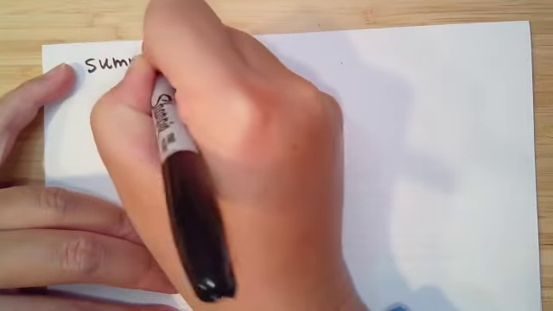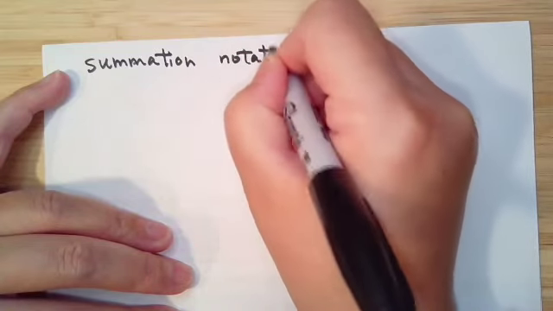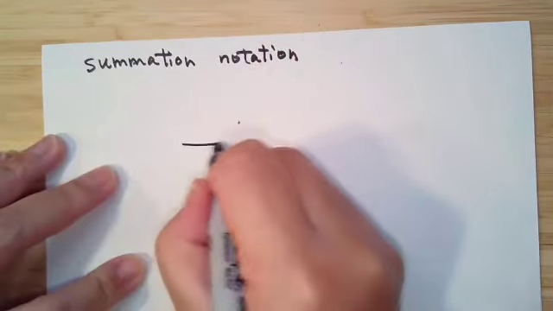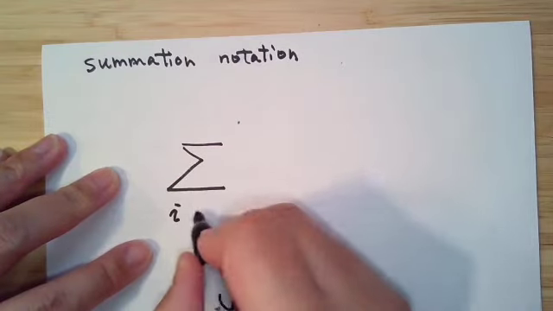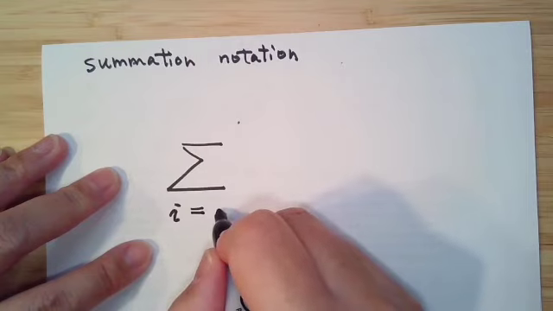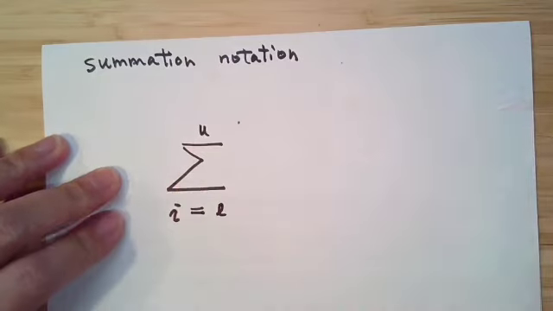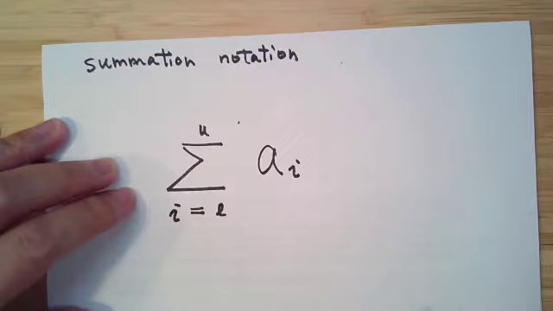We're going to learn a new concept. It's called summation notation. Okay, it's the Greek letter sigma, and we have the letter i equals, from L to U. It's just the numbers, and a sub i.